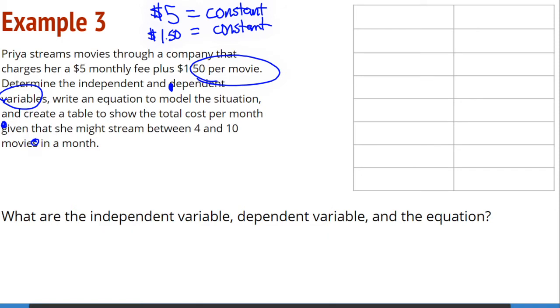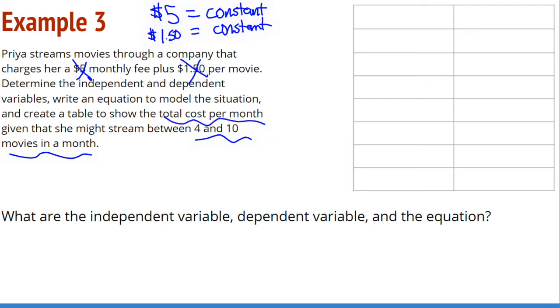All right, so the independent variable, the dependent variable, and the equation. So I know that the $5 and the $1.50 per movie, those are constant. What is going to change is how many movies she watches and how much money she's going to have to spend, the total cost of her streaming plan.